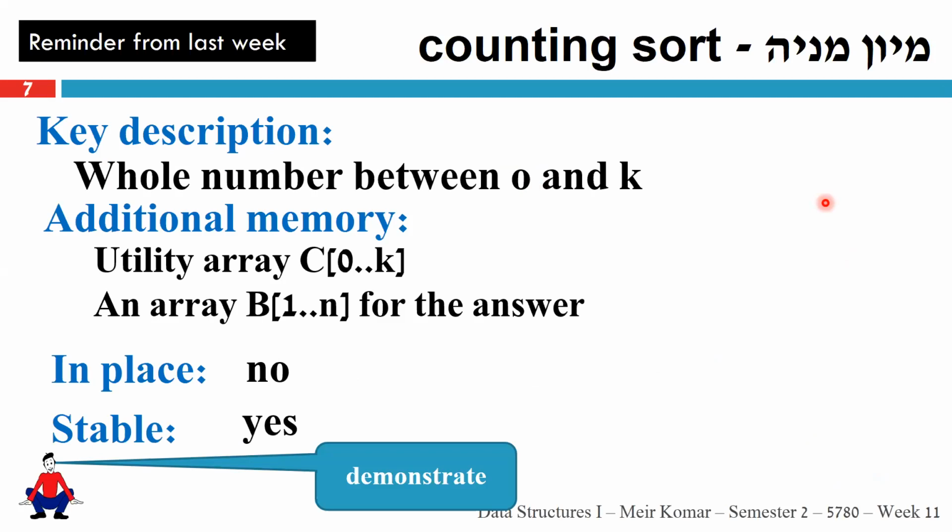We saw how it works with the idea of counting, and why we use the cumulative index in order for it to be stable, which was very important for us. And it is a stable one. Obviously, it's using extra space. Okay, that's very nice.